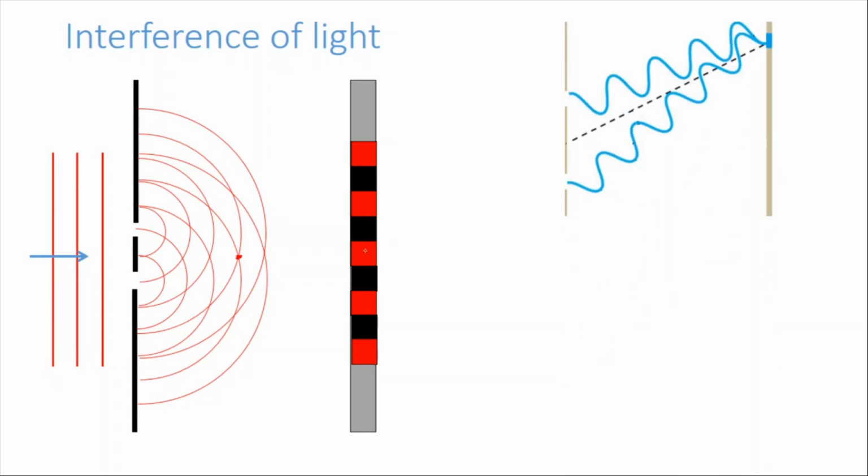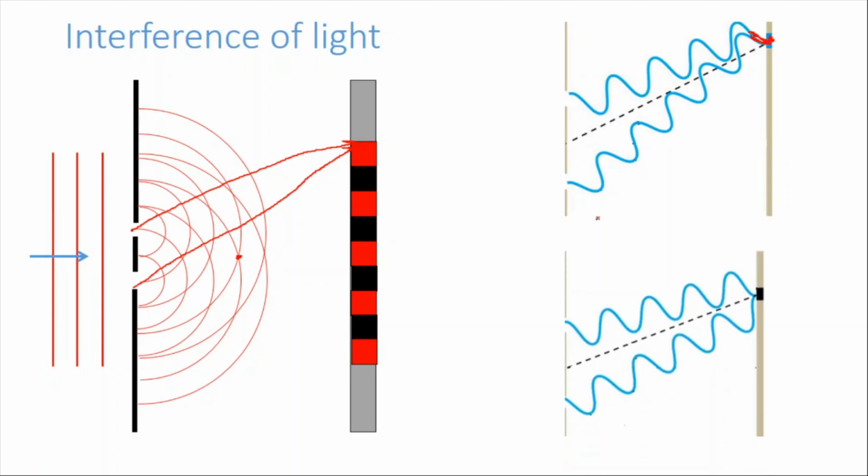So when do we have bright fringes and when do we have dark fringes? The light from this opening and from this opening travels to a point, for example from this one to here, and from here also to the same point. When the lights reach this point, if they overlap and constructively interfere with each other, they reinforce each other, and here we are going to see a bright point.